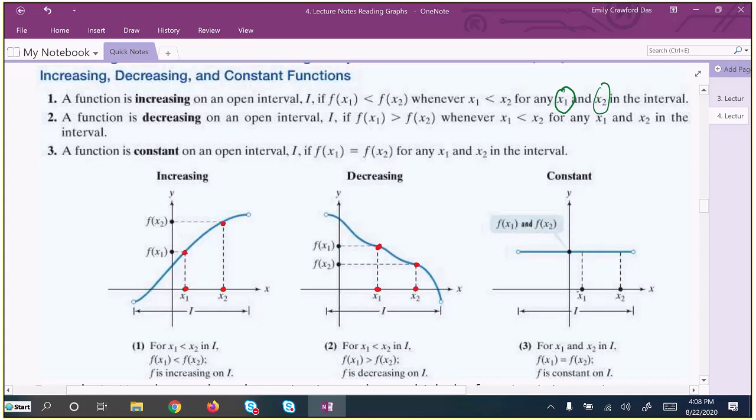Constant just means that the y values don't change as we move from left to right. So you still take an open interval and pick 2 points, and the smaller of the x values corresponds to exactly the same y value as the larger one. Then we call it constant, no change.